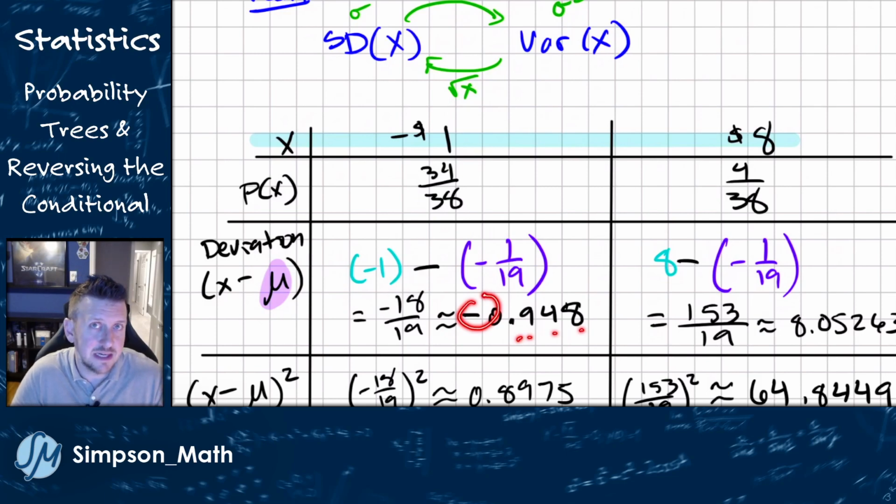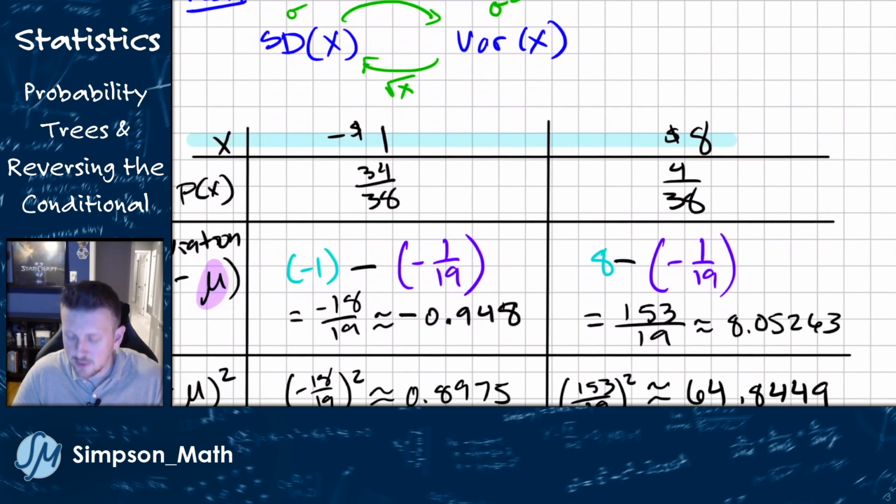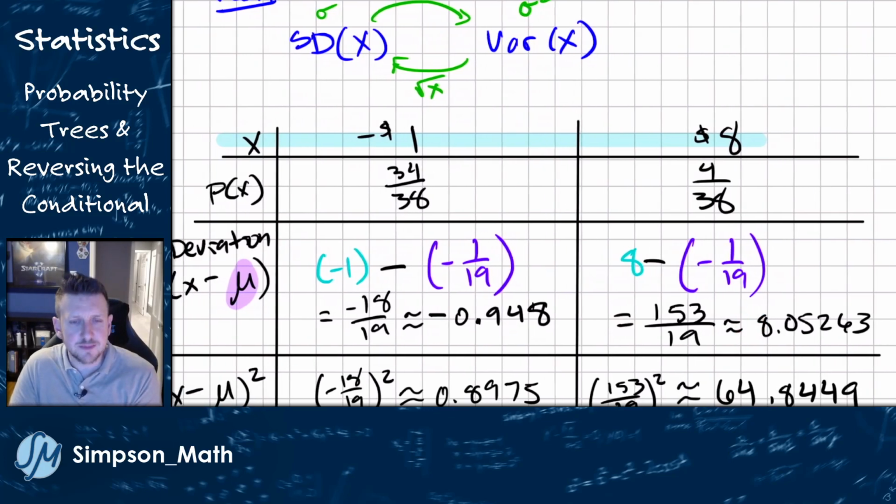And we know it's below because it's negative. If we look at 8 plus the 1/19, that would be 8 and 1/19, or 8.05263. And we know this is above the mean because it is positive. So those are my deviations.